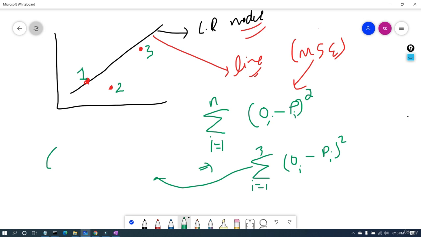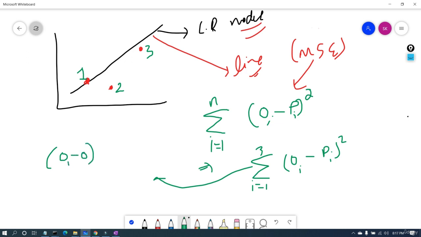The observed value is this red dot. This red dot is the observed value. The predicted value is given by this line. Just remember, this line is the prediction. This observed value is basically on top of the predicted value. That means in this case our observed value and predicted value are equal.